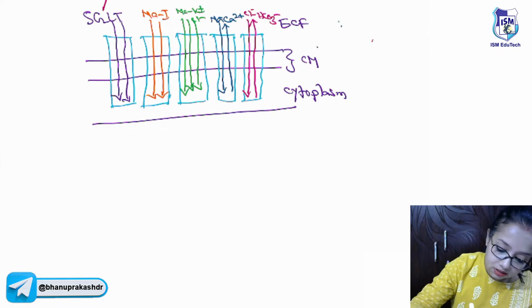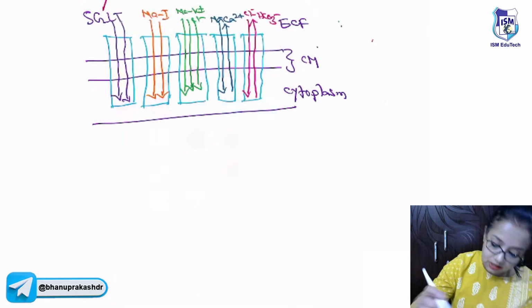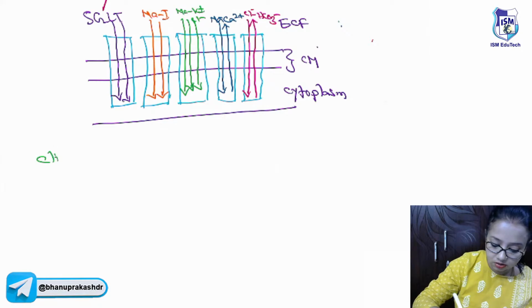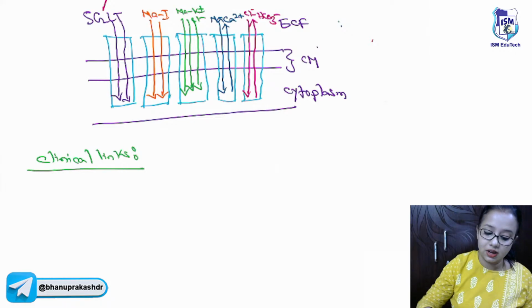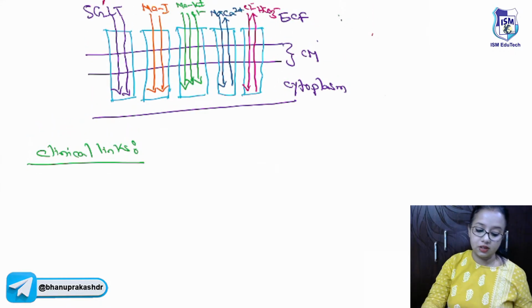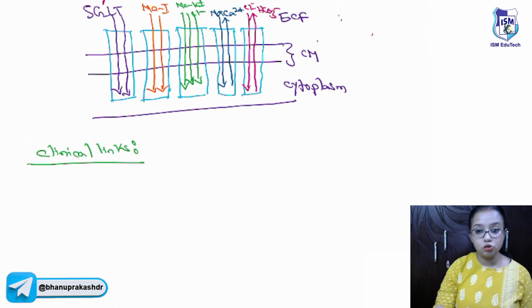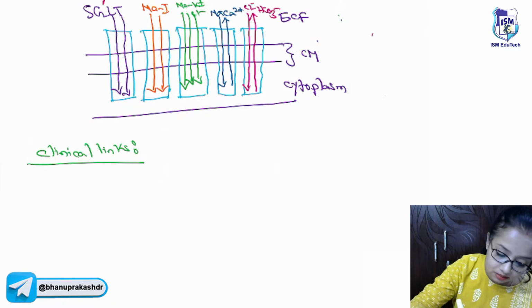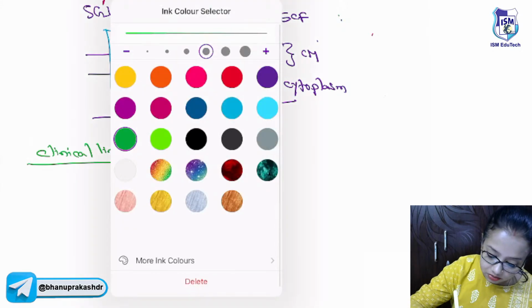Talking about the clinical links. What will happen if this secondary active transporter doesn't act efficiently, or if it stops acting the way it is acting? What will happen?